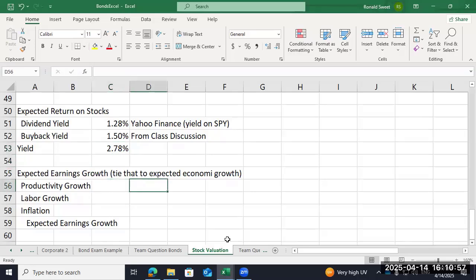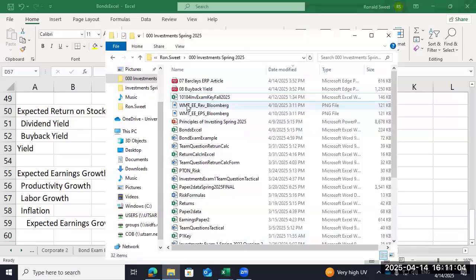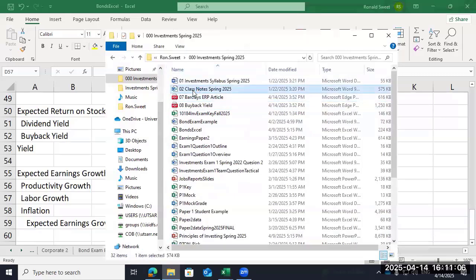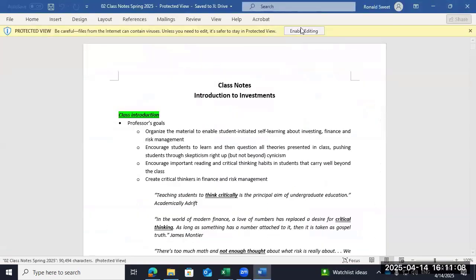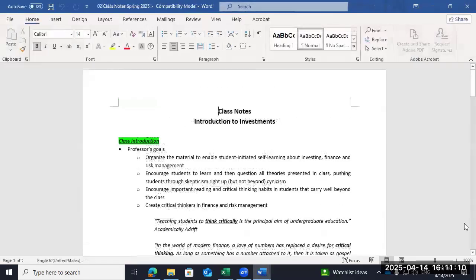So productivity, these are all your forecasts, but I do have some help. So here's where you can bring in these charts from the class notes.